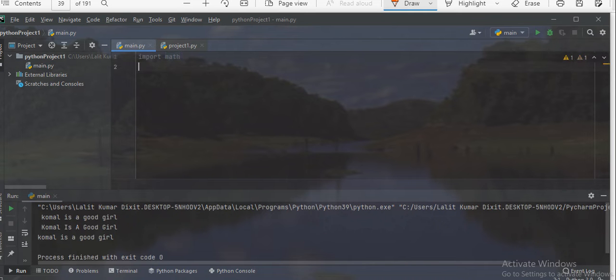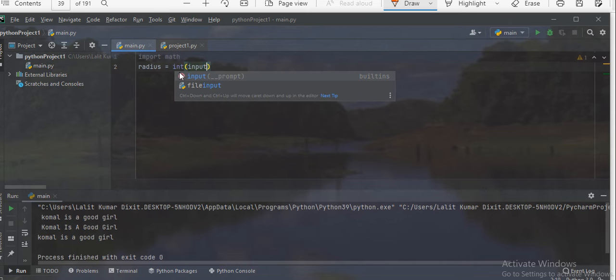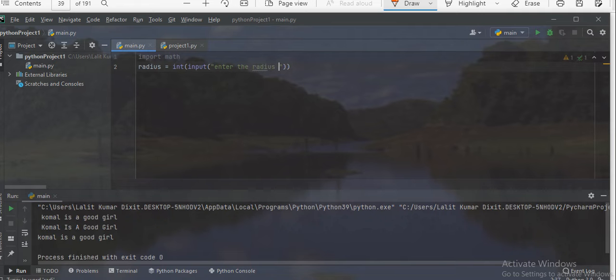Since we are finding the area of the circle, we will ask the user to enter the radius, right? So radius is equal to int input. Then it will enter the radius.